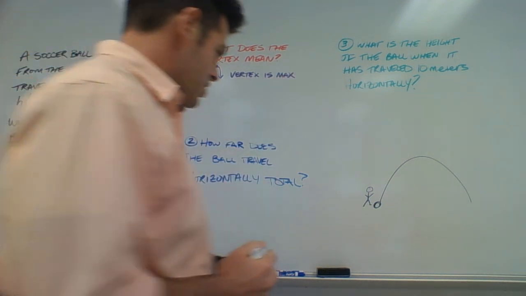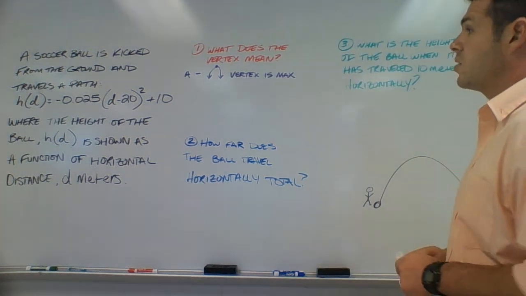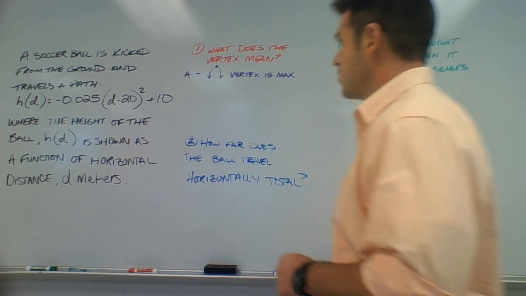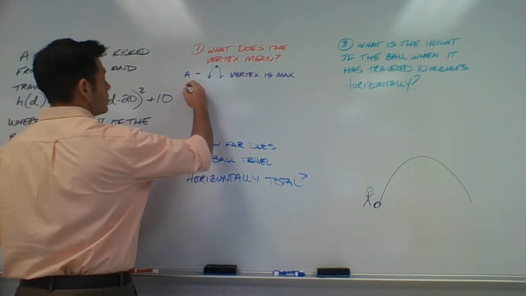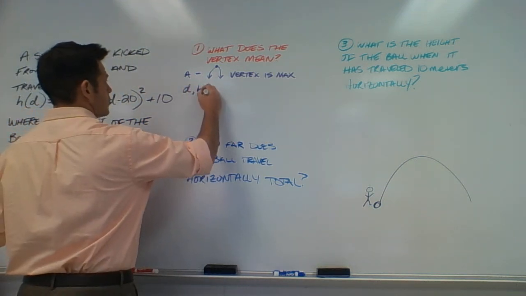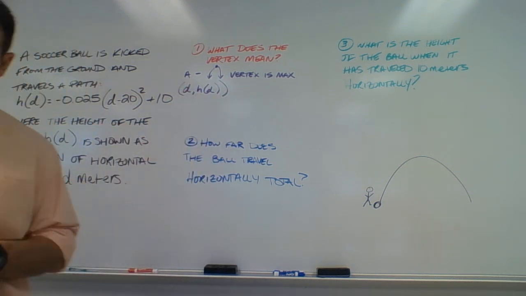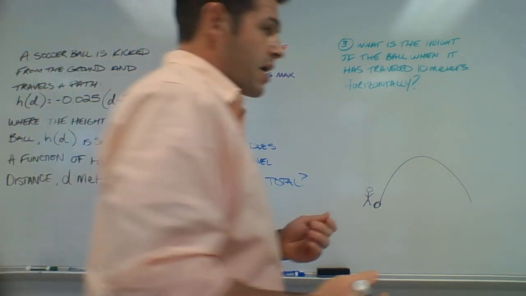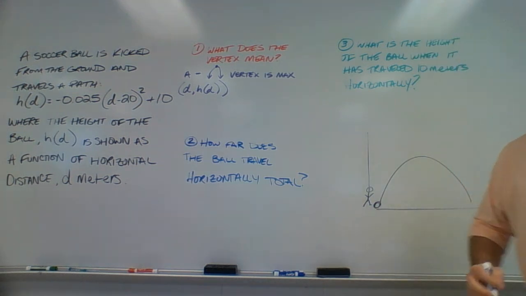Now what I'm going to do with this picture is imagine that our point value here would be d comma h of d. So if we had to write out the point, it would be d comma h of d. Of course, if we were on an actual graph, we would be able to draw ourselves a graph like that.